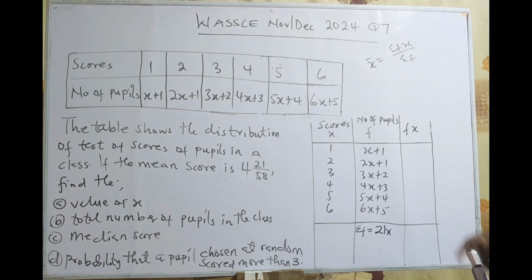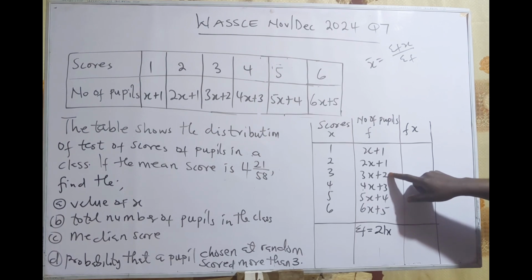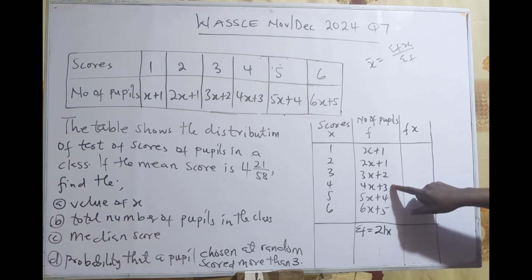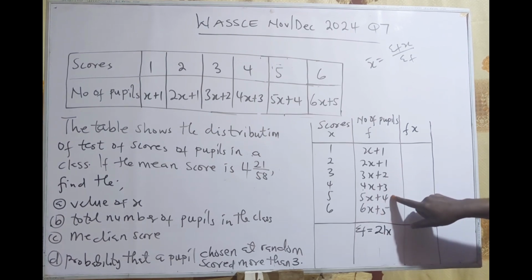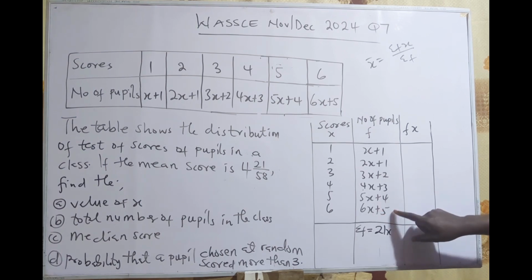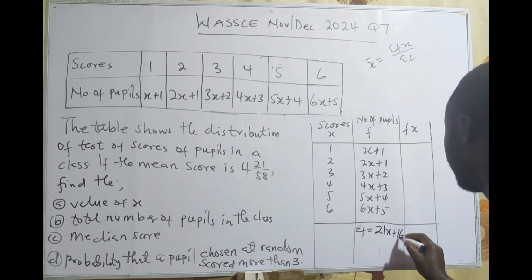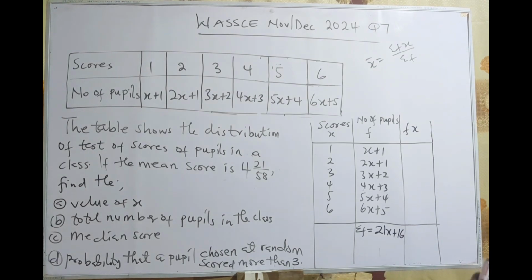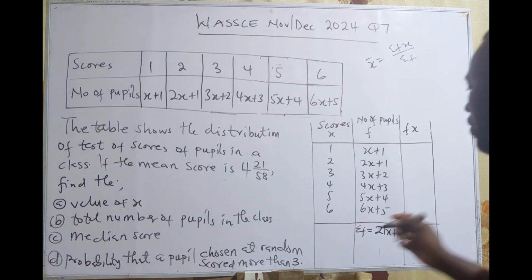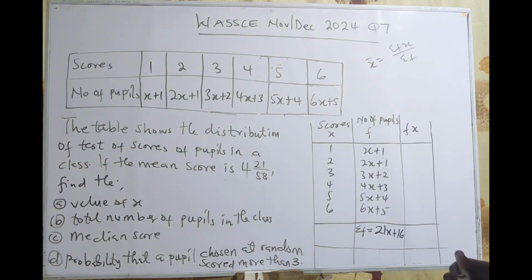And then 1 plus 1 is 2, plus 2 is 4, plus 3 is 7, plus 4 is 11, and then plus 5 will give us 16. So we have 21s plus 16 as our total frequency.